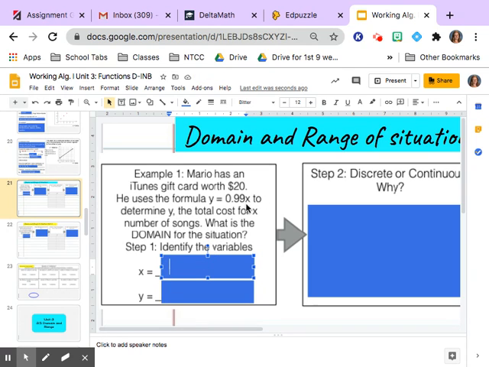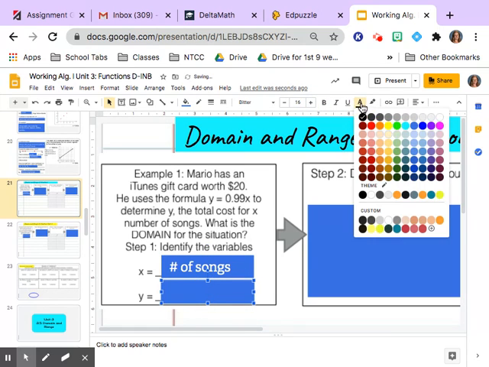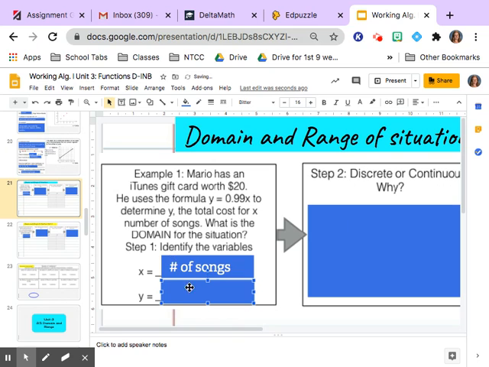What does x represent in this equation? Oh, it tells us right here. Number of songs. So that's where we're at. I'm going to do the little hashtag, number of songs. Okay, and then what does y represent? Cost.